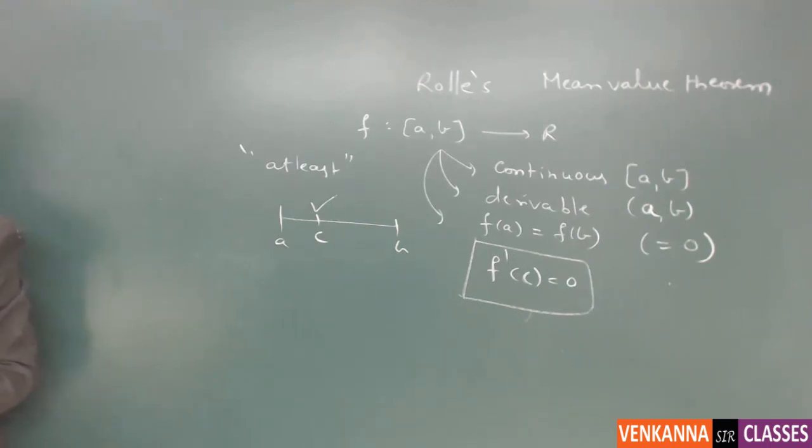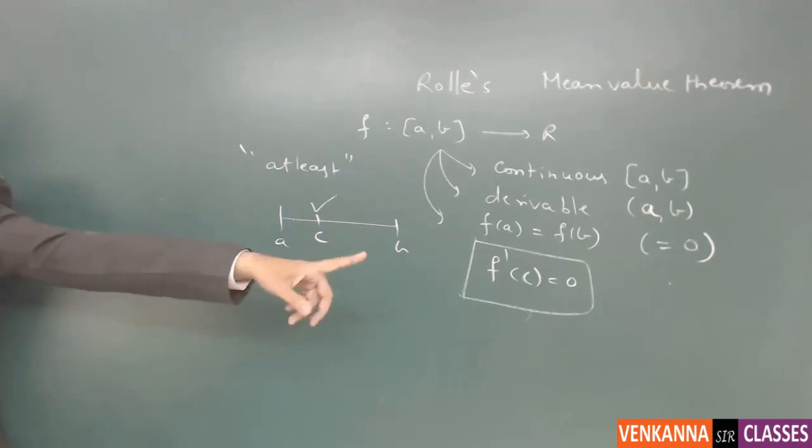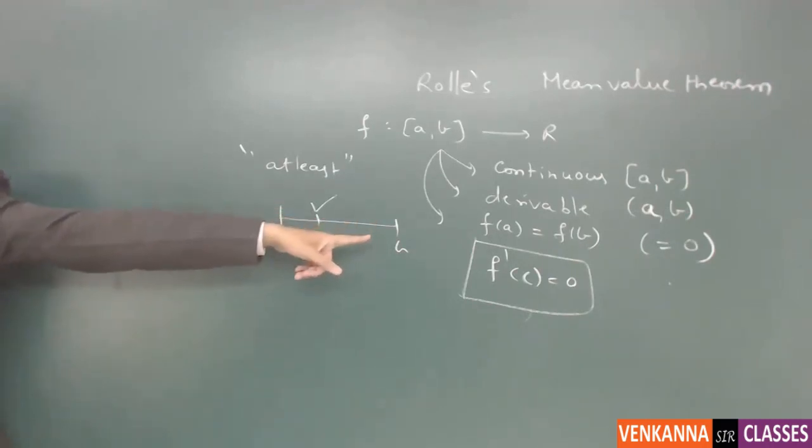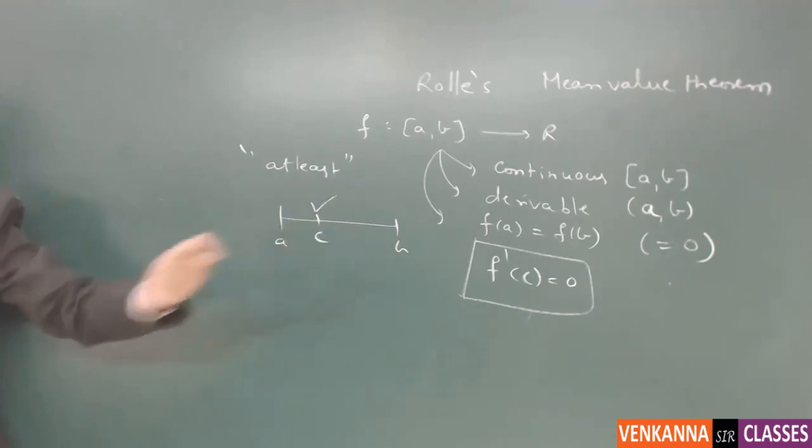How does it look geometrically, and what is the significance of this? Not cutting the x-axis. Here you are not saying that f of C is equal to 0, you are saying that f dash of C is equal to 0. So what is the importance of derivative with respect to a graph?